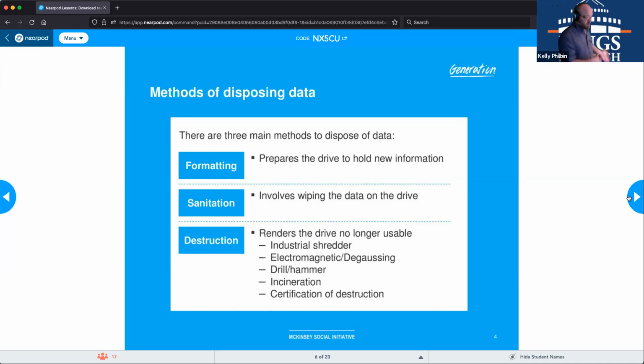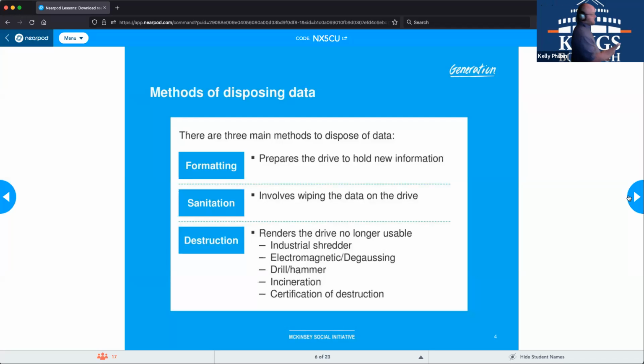It is not gone until it has been overwritten. And even then, sometimes it can be recovered. So formatting is one type, and there's a new type of formatting we'll talk about. Before we learned about quick formatting versus standard formatting, where one just erases the table, the other one checks for errors and erases the table. We have a new one we're going to be going over.